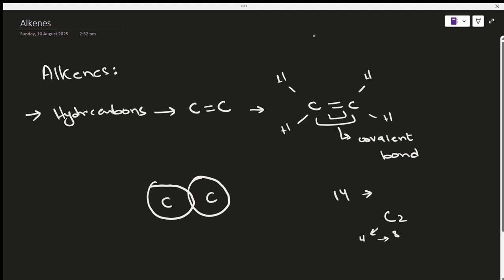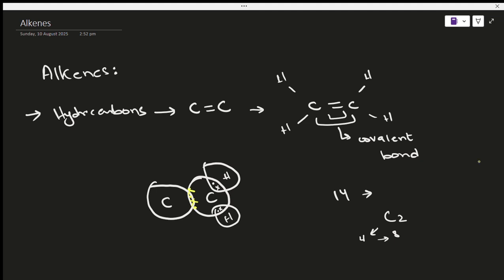So now, if I draw the structure like this, this is a hydrogen bonded here, and this is a hydrogen bonded here. So one electron, two electrons here, two electrons are here, and four electrons are at this place. I'll just highlight it here. Yeah, four electrons exist at this place.